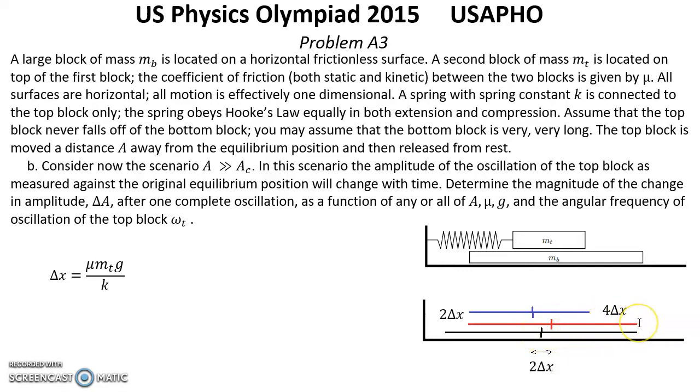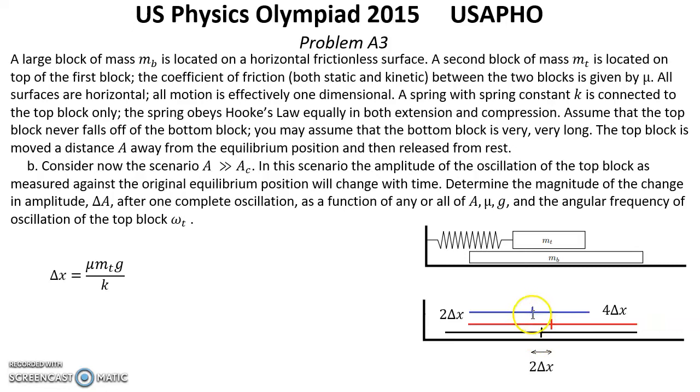It means that when this block is moving to the left, it will stop at a distance 2 dx to the right from the original leftmost position. Now when it stops, it starts to oscillate to the right, but now the position of equilibrium is shifted by dx to the left from the original position of equilibrium.